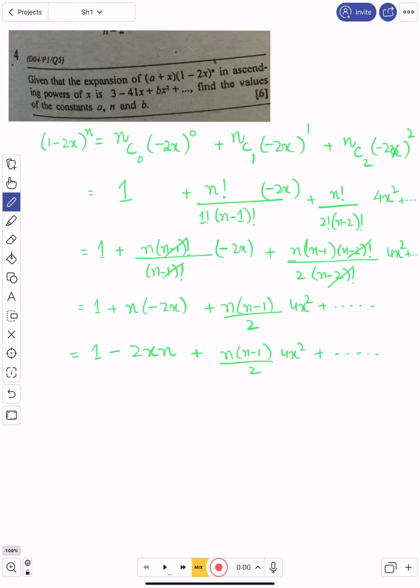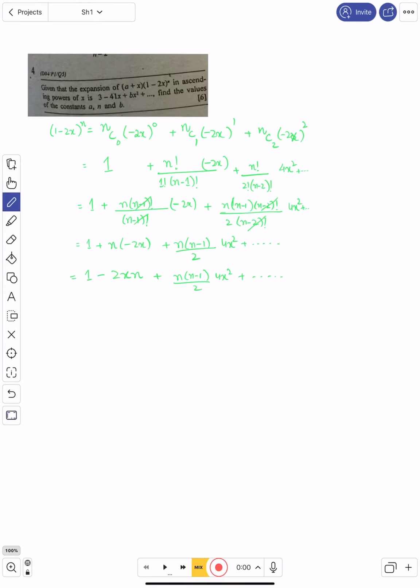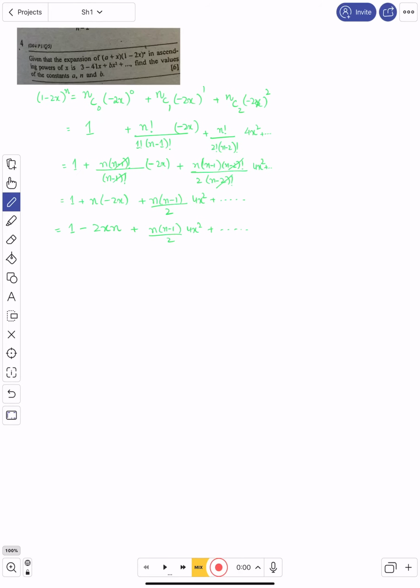The expansion is over. And now here comes the multiplication of this thing, (a + x)(1 − 2x)^n. Okay, it means (a + x) times (1 − 2nx + n(n − 1)/2 times 4x squared).